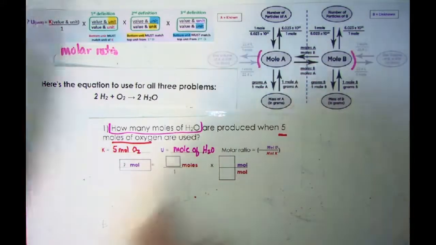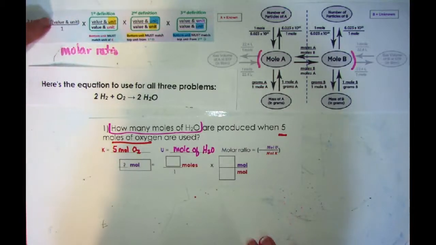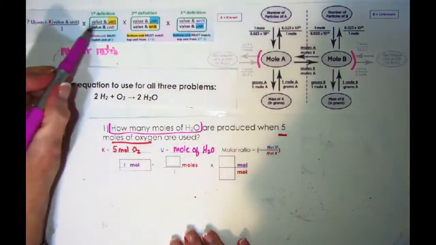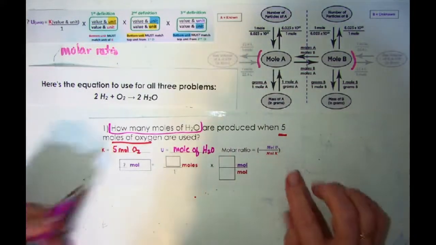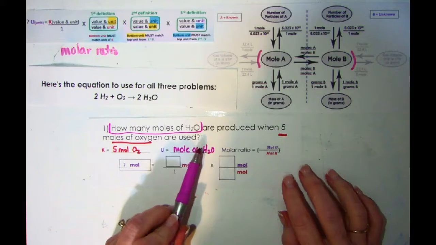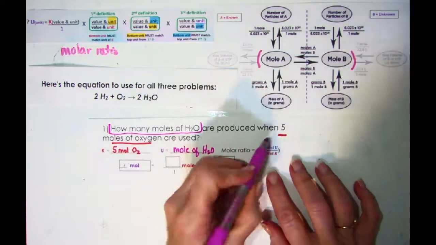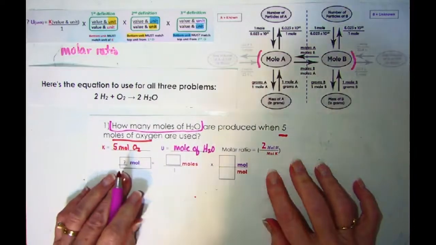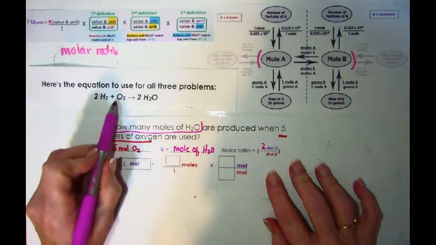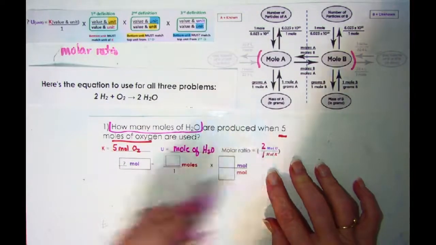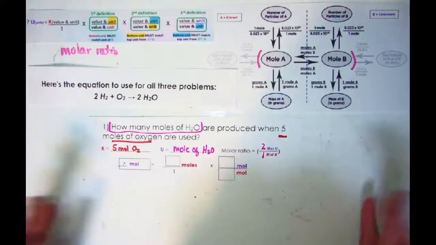We want the bottom unit to match the top so we can cancel them. How many moles of the unknown water are in the equation? It's 2. And how many moles of the known oxygen? There's a 1. So it's a 2 to 1 ratio. We now have everything we need to do this problem.